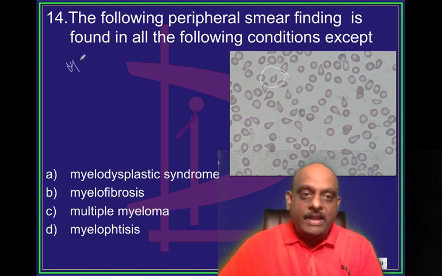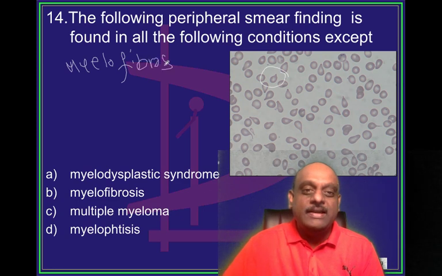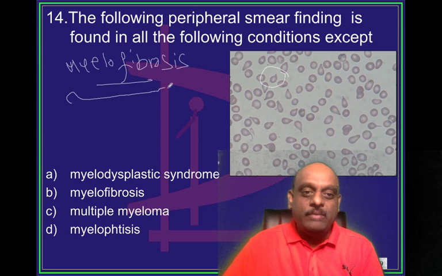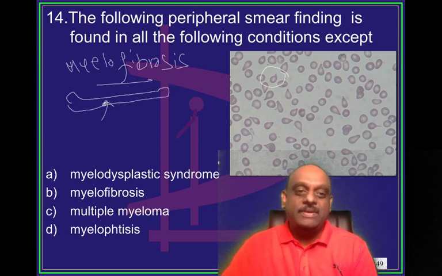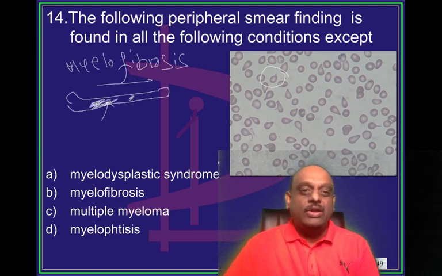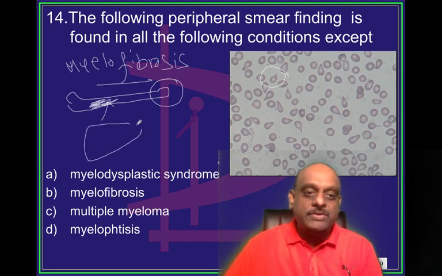Whenever there is any myelofibrosis, what is the meaning of myelofibrosis? In the bone marrow you are having the erythropoietic cells. So there is a lot of fibrosis in that. It is unable to produce blood cells anymore. So when the bone marrow is unable to produce, then who will produce?